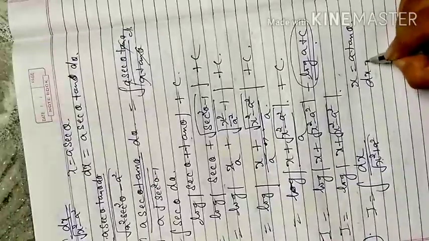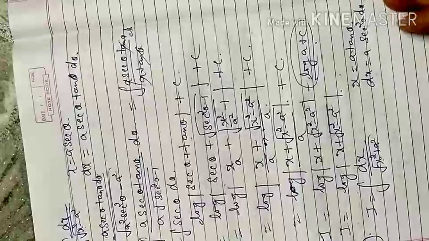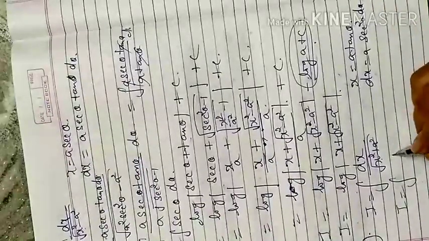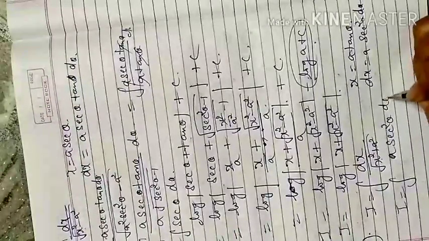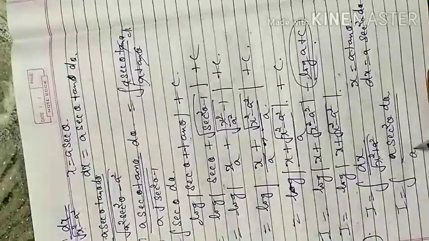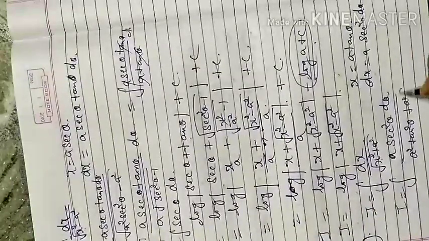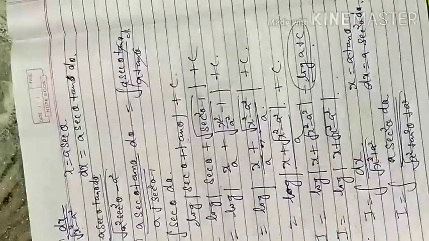When you differentiate, dx is equal to a secant square theta d theta. Now I replace the value here. Then I is equal to integration of a secant square theta d theta upon square root of a square tan square theta plus a square. So this changes like that. After that I will take a square common.